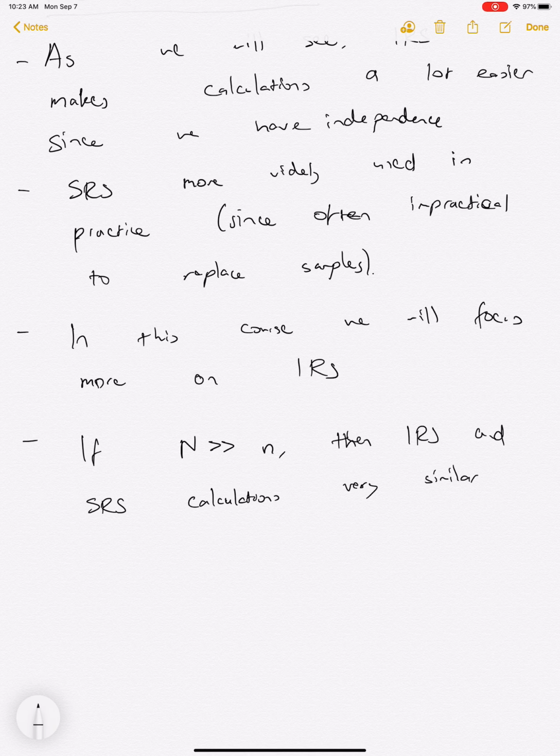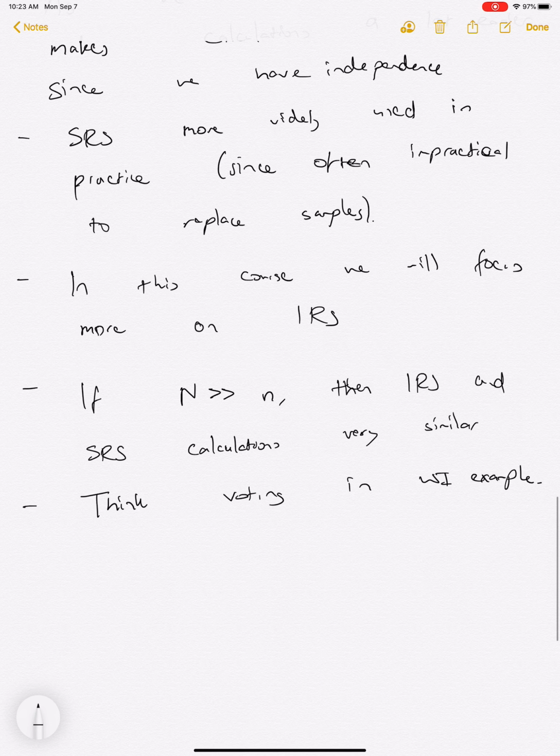Again, go back to the voting in Wisconsin example. We have that capital N is approximately 6 times 10 to the 6, and little n is 100, or however big we make the sample.